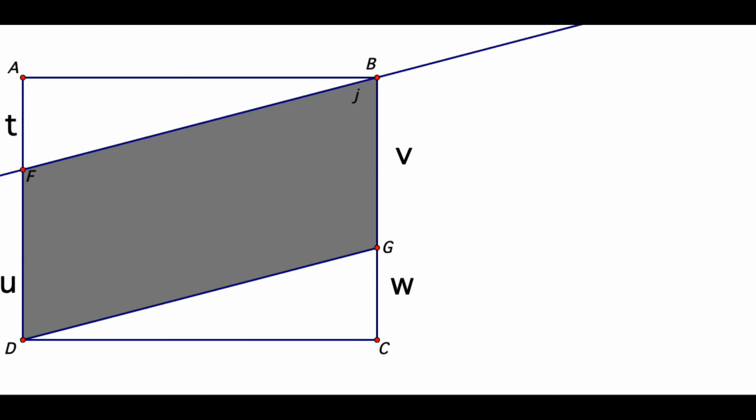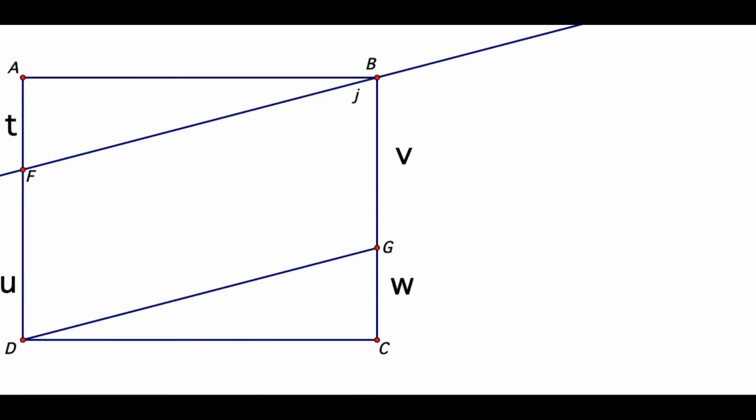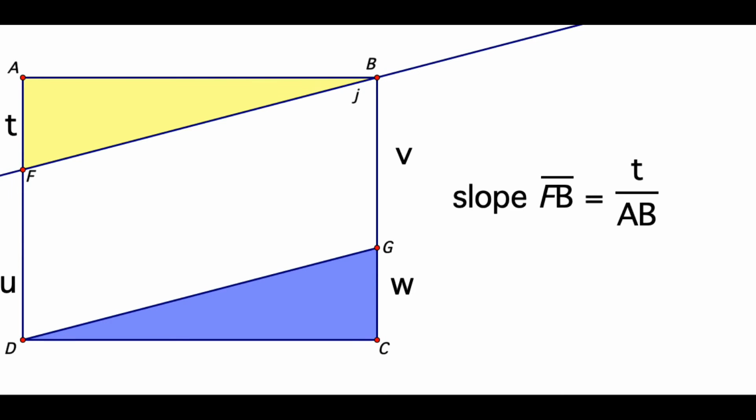Now, I want to move away from this parallelogram and focus instead on the two triangles that were formed. When I do that, I can start to analyze the slope of the line because I know that point C is a 90-degree angle.